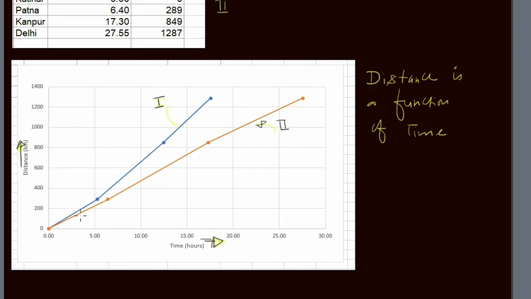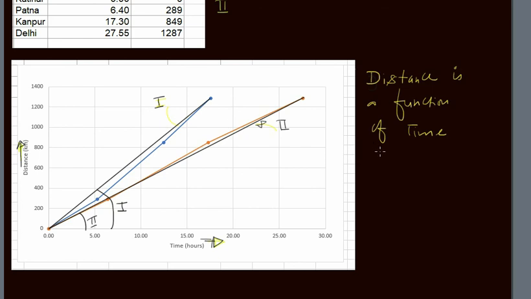So you see that the slope here is for train 2, and let me draw a line that makes it somewhat straight line here. So this is slope 2 and this is slope 1.